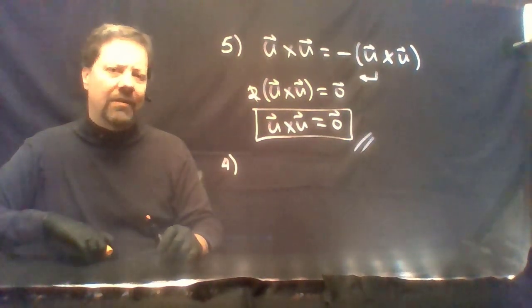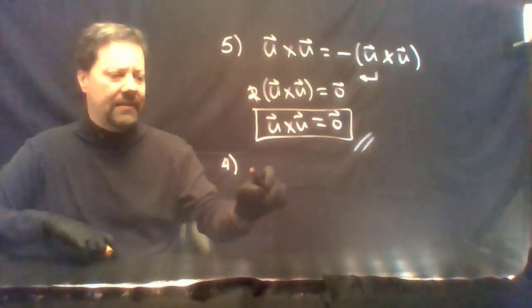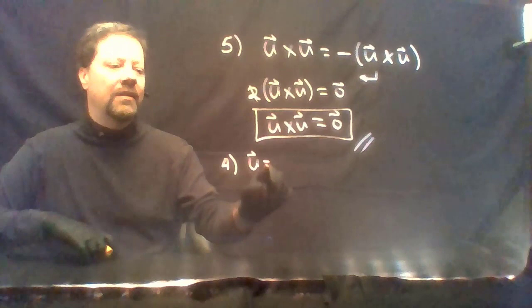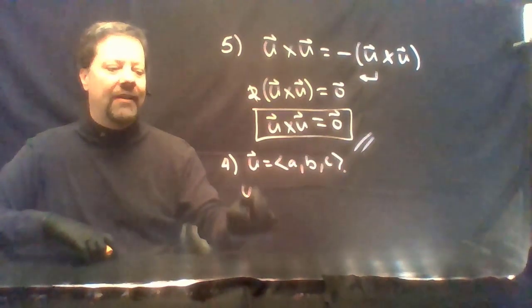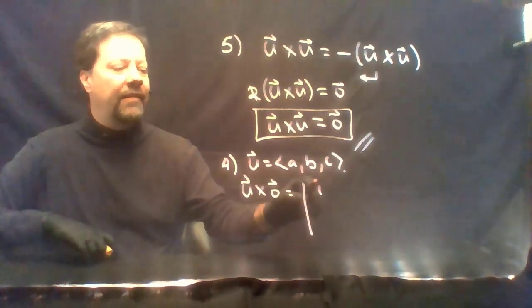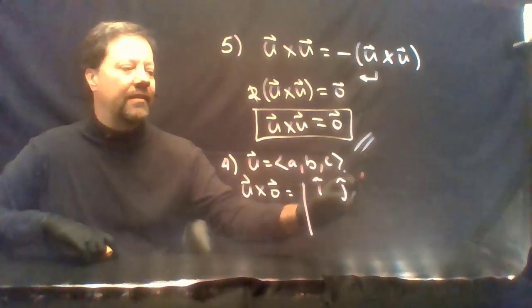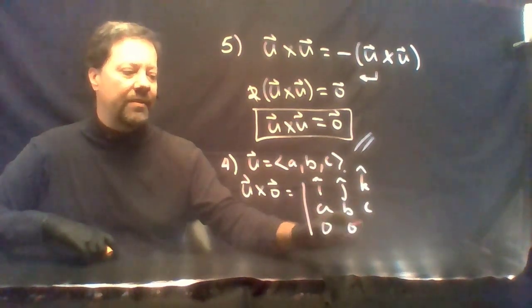Property 4 was about crossing with the 0 vector. If I take, say, u equal to ABC and try to calculate u cross the 0 vector, I'll have i, j, k, A, B, C, 0, 0, 0.